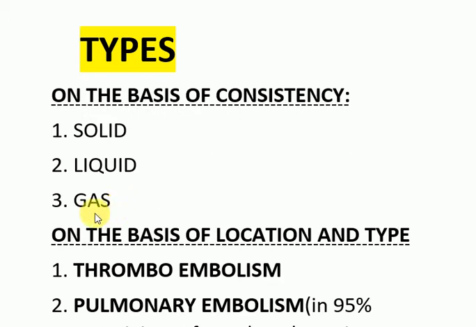So during an IV injection, if there is air in the syringe and it is injected intravenously, it causes gaseous embolism. And then the liquid one may be fat droplets or amniotic fluid, and the solid one may be the thrombus, fragments of tumor, parasites, atheromatous debris, or a foreign body.